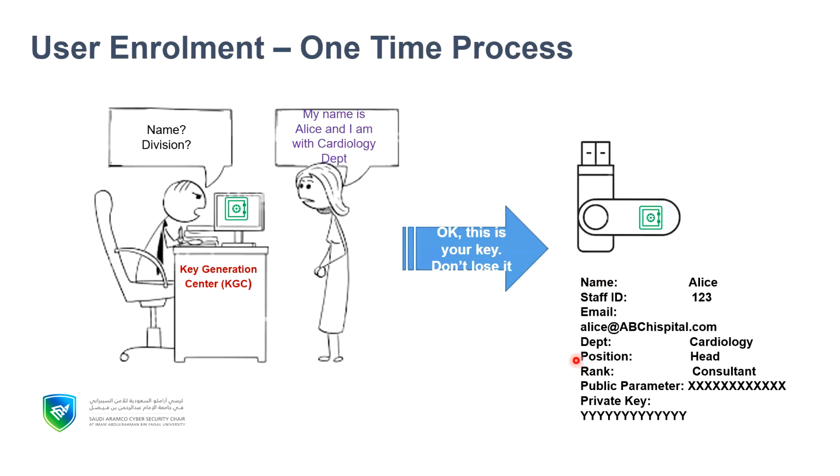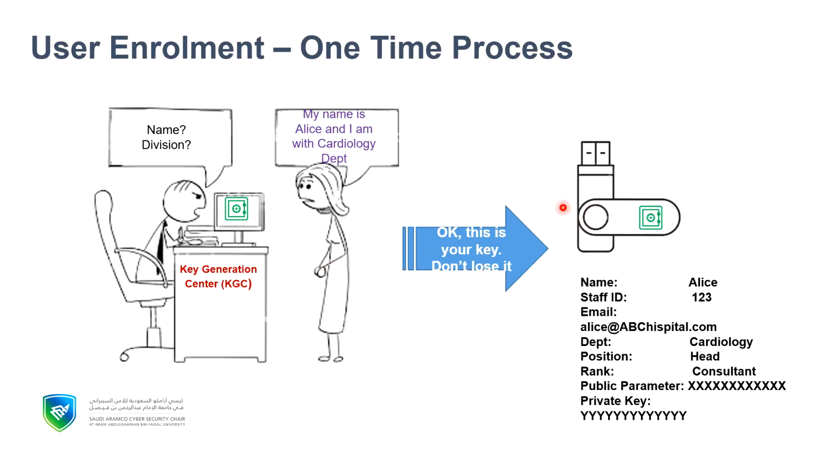Those attributes, the KGC can retrieve from the HR database. Based on the attributes, the KGC will issue a private key. The private key will be given back to Alice. So Alice will store her private key together with the set of attributes in her computer or on a USB.